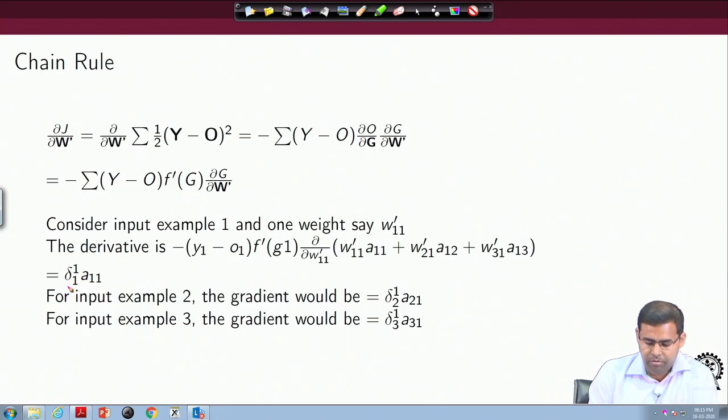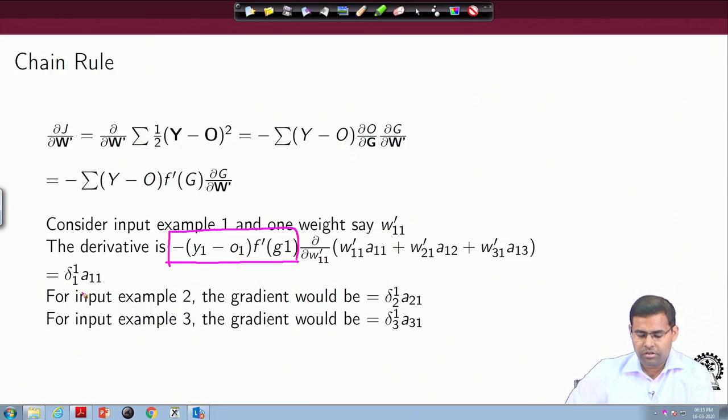The part that is coming out here is this delta 1 matrix, because for delta 1 we have the components delta 1 1, delta 1 2, delta 1 3 like this, where this delta 1 is nothing but this part. So, just like for y1, o1 and fg1 we have the delta 1 first component, similarly we can compute the other components.